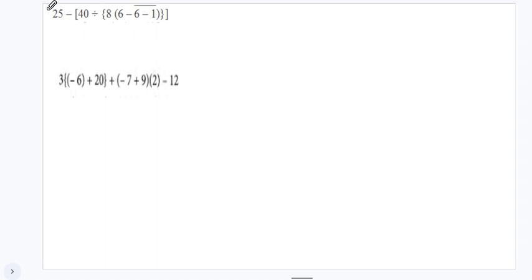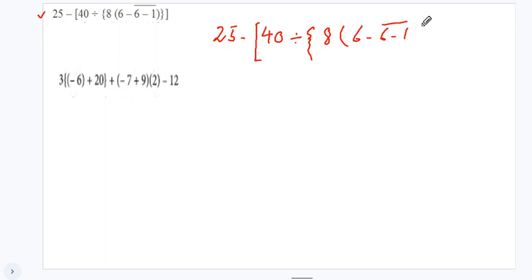Okay guys, now look at this question, that is 25 minus 40 divided by curly brackets 8 parenthesis 6 minus 1 bar, and then parenthesis closed, and then curly brackets, then braces. So whenever you have this line, this is called a bar, you have to solve it first.